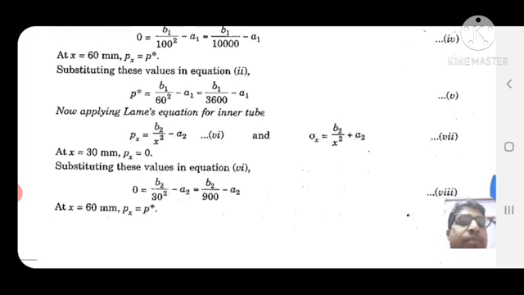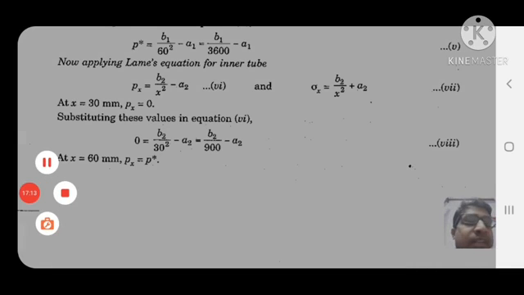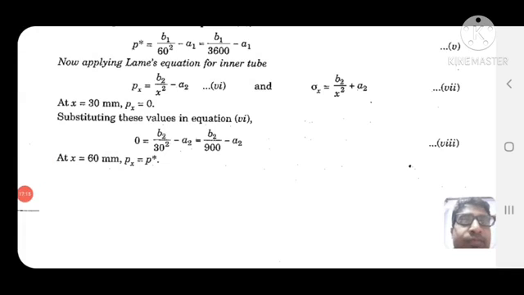Now applying Lamé's equation for the inner tube, Px equal to B2 by x square minus A2, and sigma x equal to B2 by x square plus A2. So at x equal to 30 millimeter, Px equal to 0.